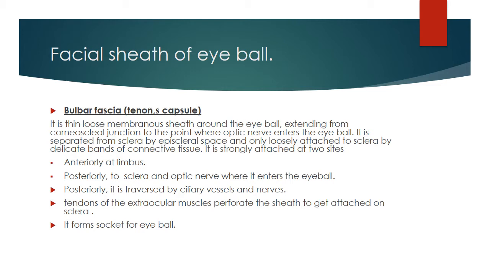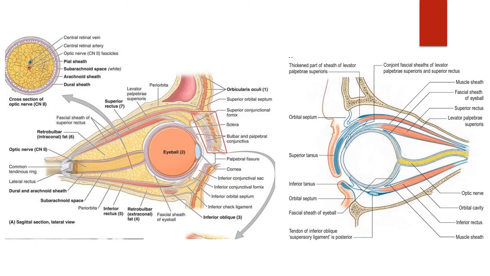This sheath is attached strongly only at two sites, anteriorly to the limbus and posteriorly where the optic nerve enters the eyeball. Now this is the fascial sheath, in white color, attached only loosely and separated by the episcleral space, and it reflects onto the muscles.